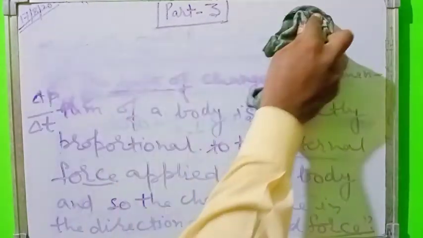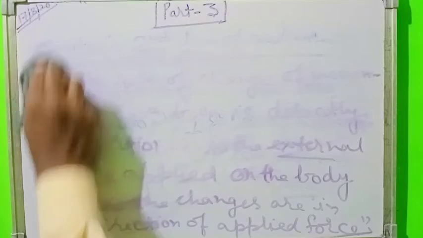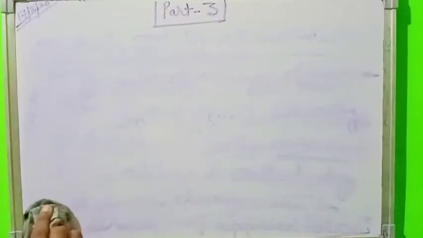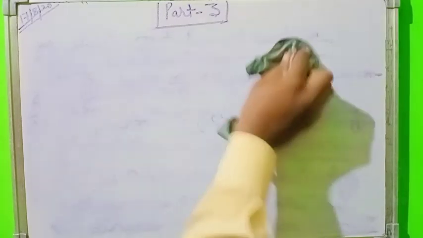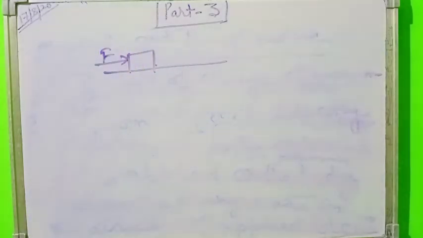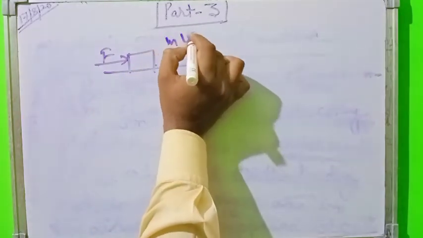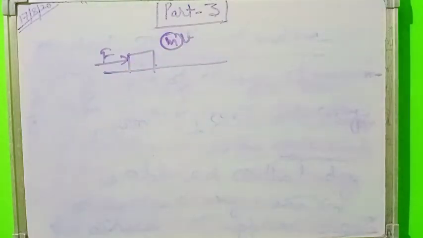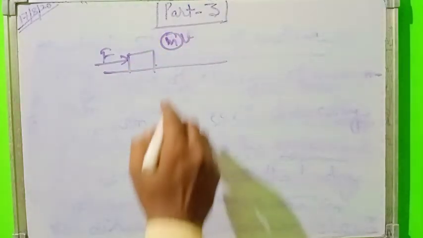So look here. If there is a certain body and force is applied on it, then its momentum changes. Mass is constant, mass is fixed, there is no meaning of change of mass.